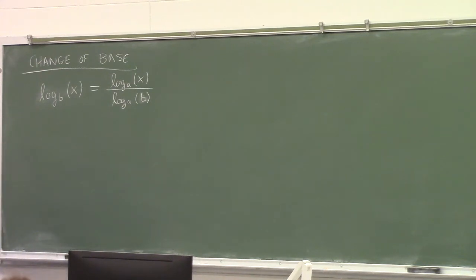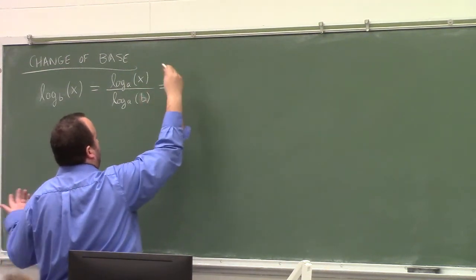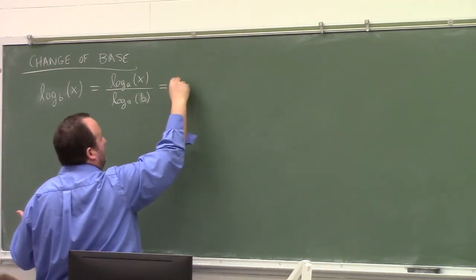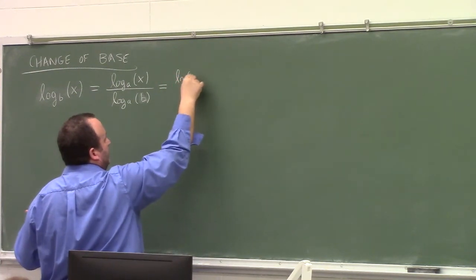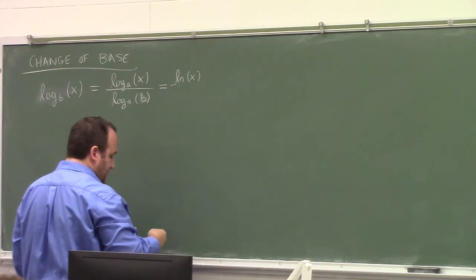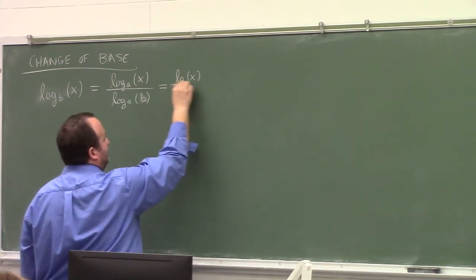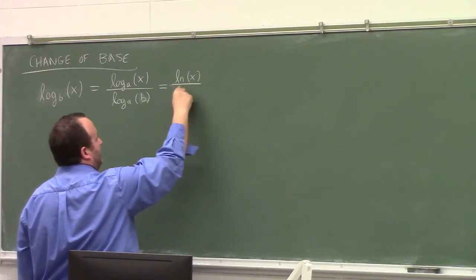This is how we can change from, say, base b to base a. Now, a special case would be to change to the natural log. If you pick base e, this would be the natural log of x divided by the natural log of b.